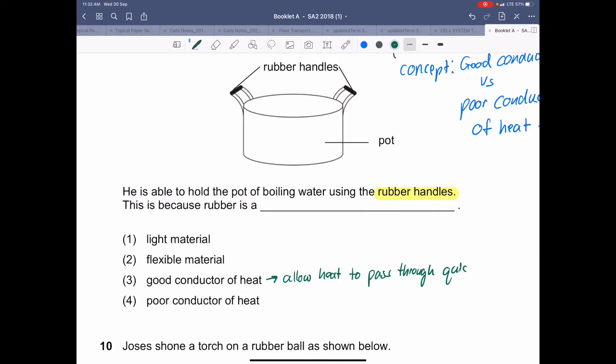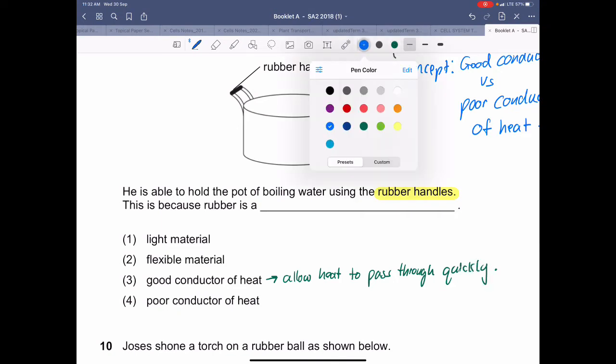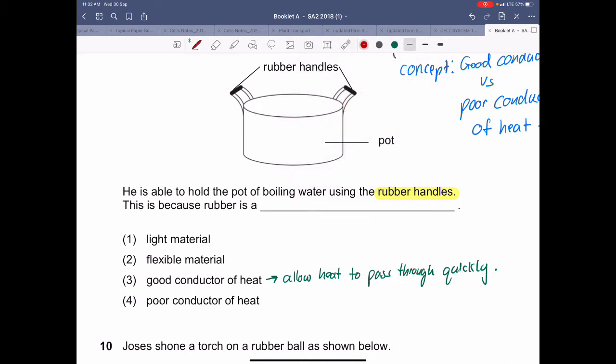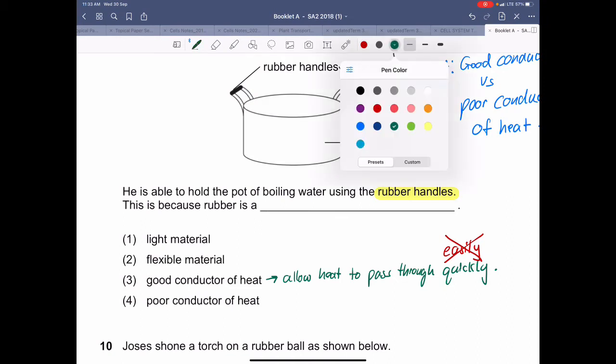Now, do not say easily. I stress again, you are very good at telling me easily. This is wrong. Common misconception. What is easily? Easily is such a vague word, so please do not do that.